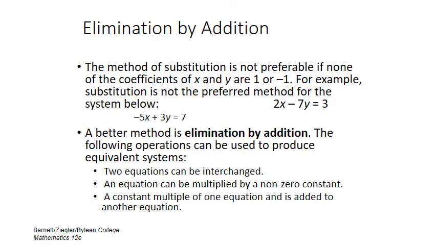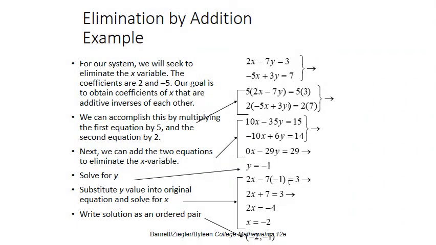In the elimination method, we make the coefficients of a variable the same, and then we can subtract them. We multiply the first equation with the coefficient of x in the second equation, minus 5, and we multiply the second equation with the coefficient of x in the first equation.